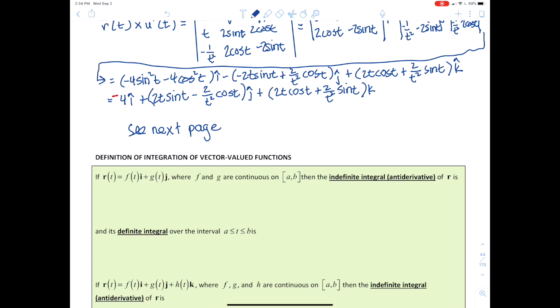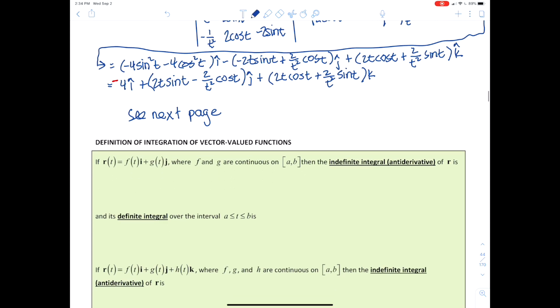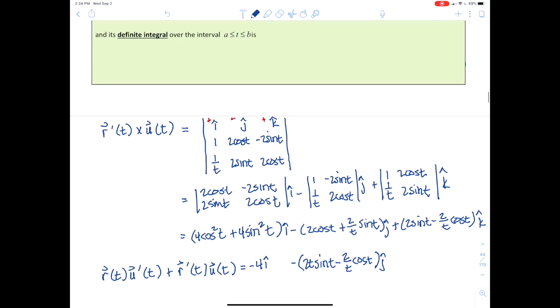No, I didn't. Oh yeah, I did. We have it right. Okay, so then 2t cosine t plus 2 over t squared sine t.